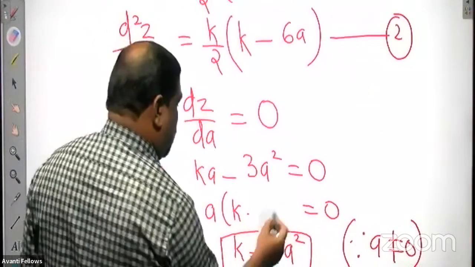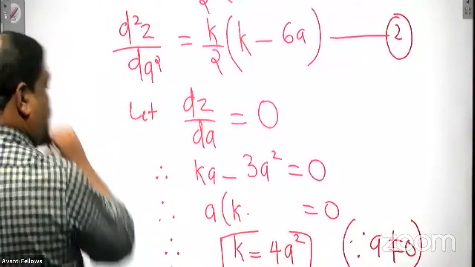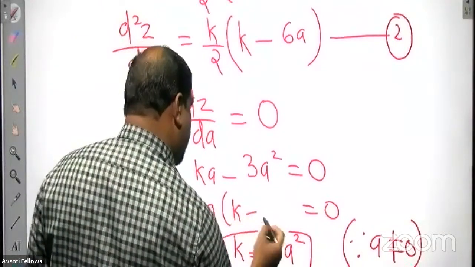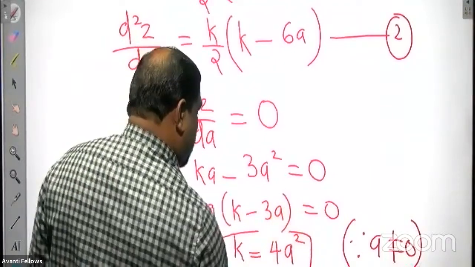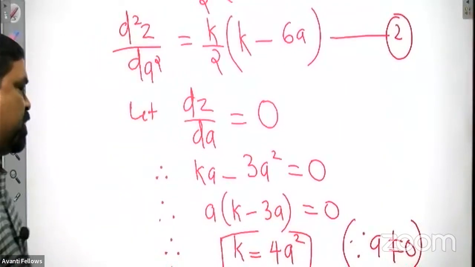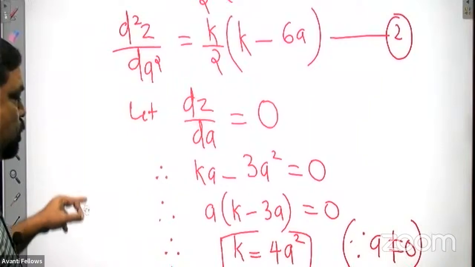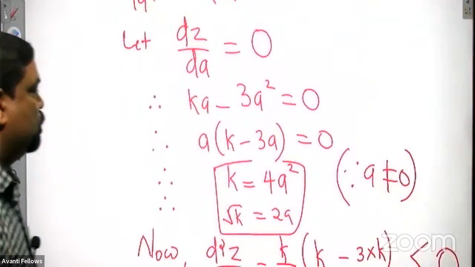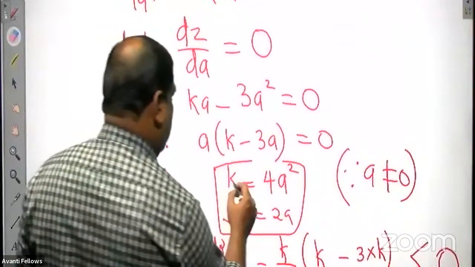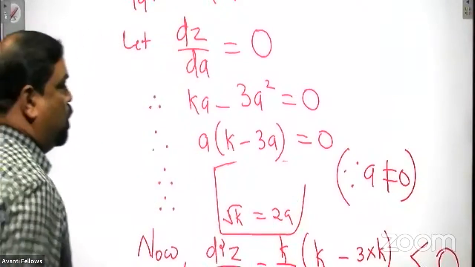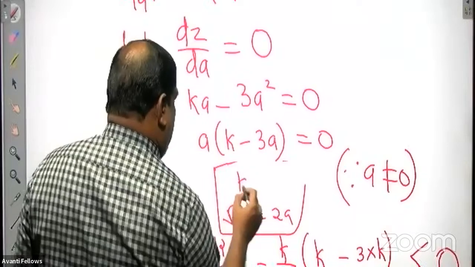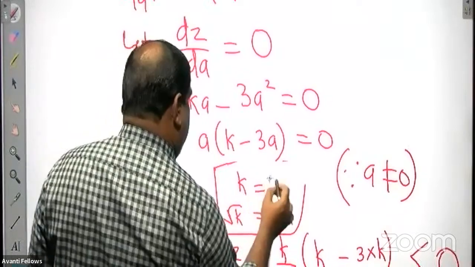So everywhere, we have to do some correction actually. So k minus 3a equal to 0. Therefore, k is equal to 3a.